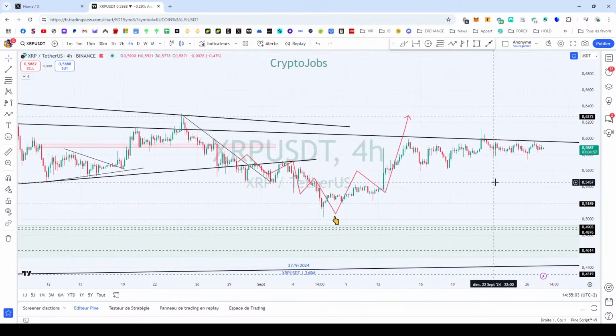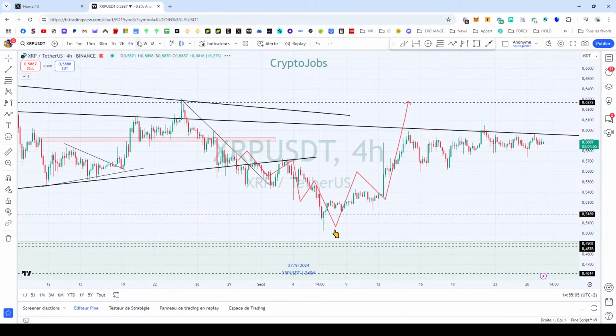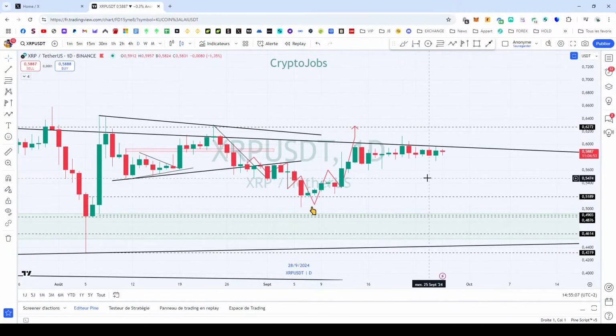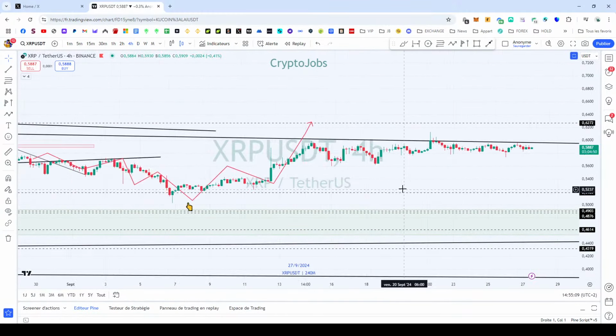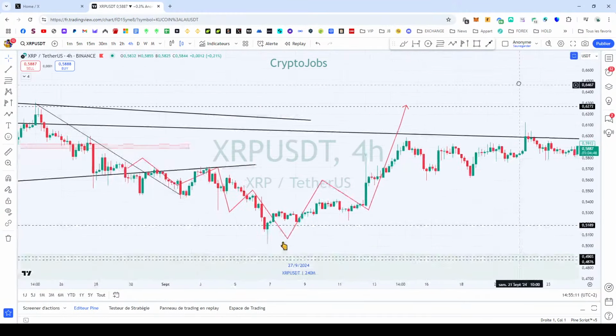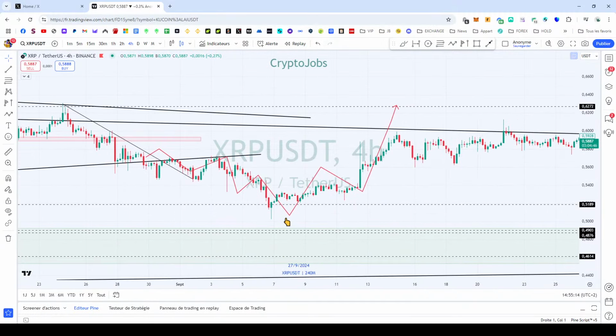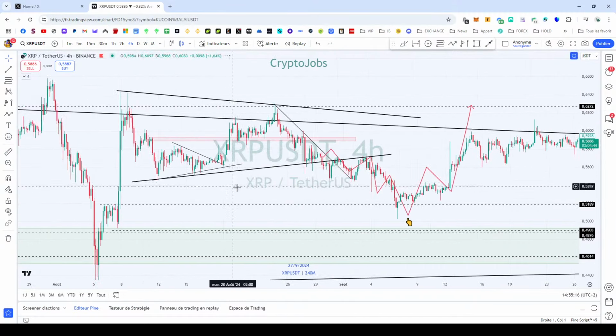Oh, this is insane. I remember this chart I posted and I got a lot of negative comments because many people went into FOMO on XRP. Look at what I shared.